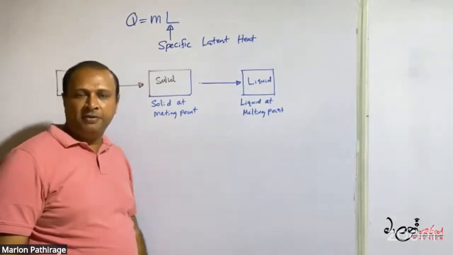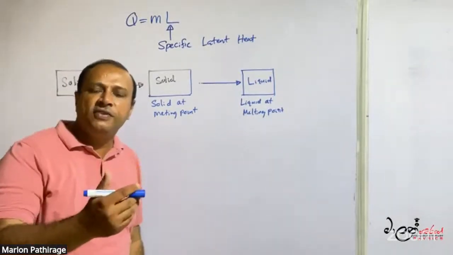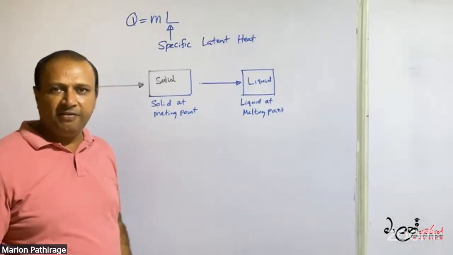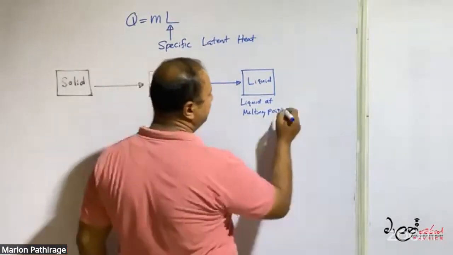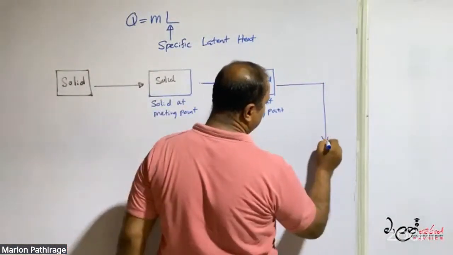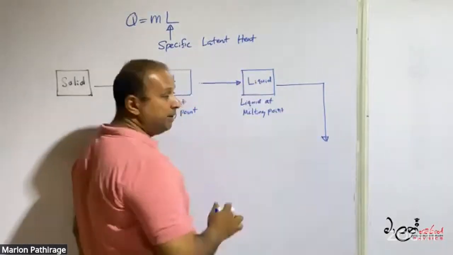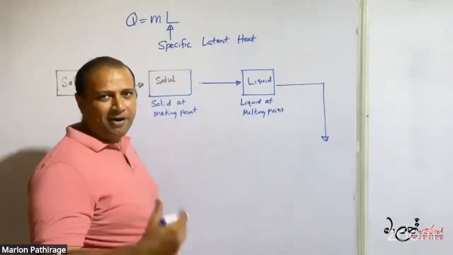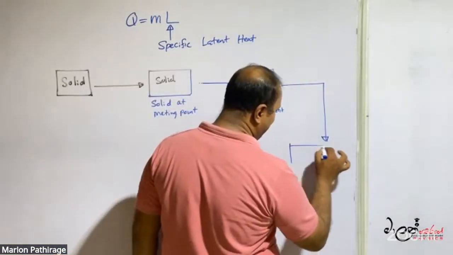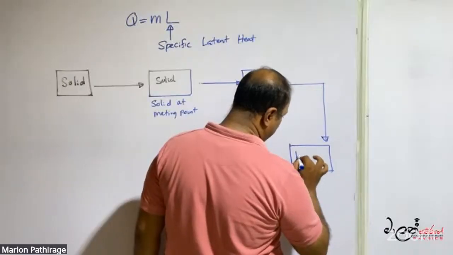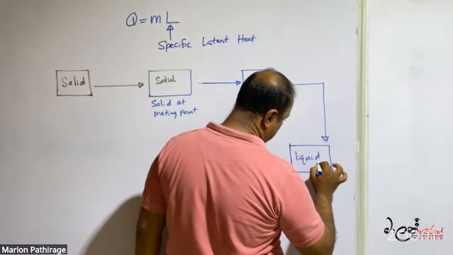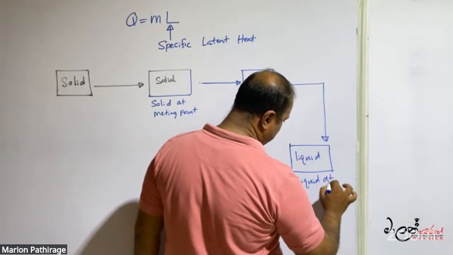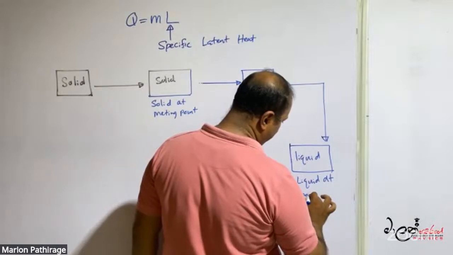Liquid at melting point. Then we can further increase the temperature. Then what will happen? This material comes to the boiling state. Now there's a liquid at boiling point.